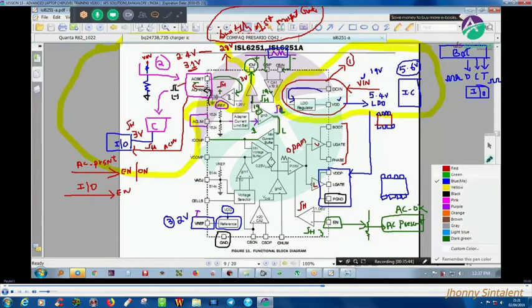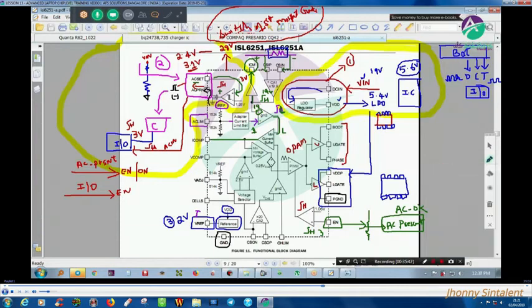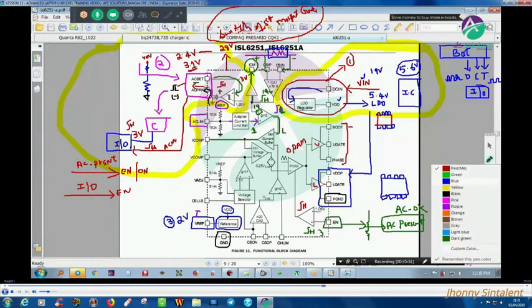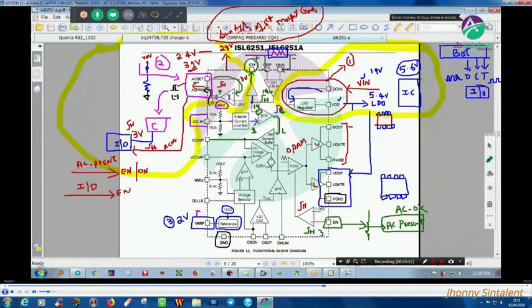Okay, so boot, the boot is connected with a diode here. So for the boot we have 3 things. See what are the requirements of a boot? Listen carefully. One, I need a diode.